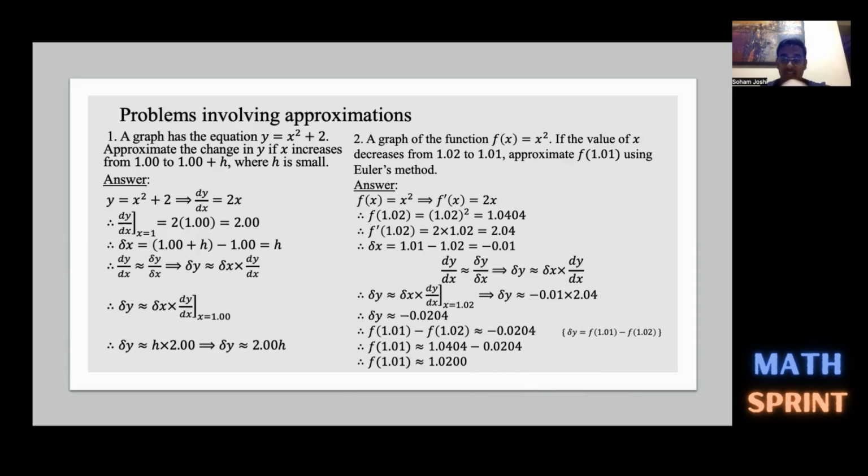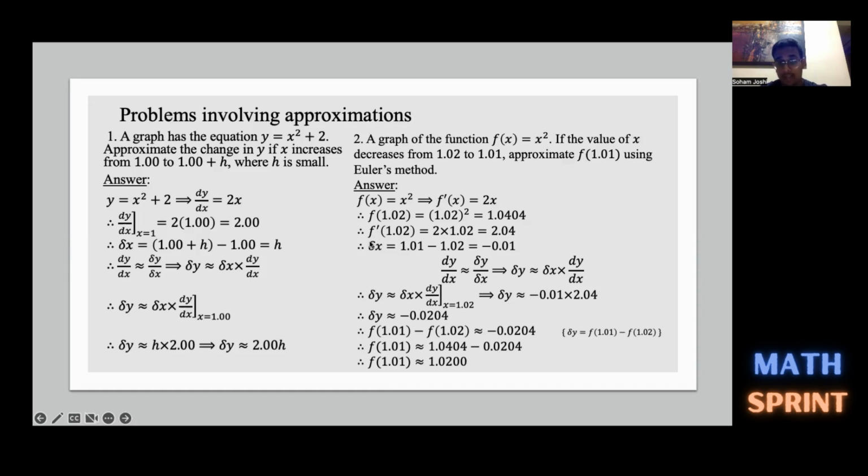So f of x is equal to x squared. So the derivative function is f dash of x, which is 2x. f of 1.02, when we substitute 1.02 into the function, we get 1.02 whole square, which is 1.0404 precisely. And f dash of 1.02 is equal to 2 times 1.02, which is 2.04.